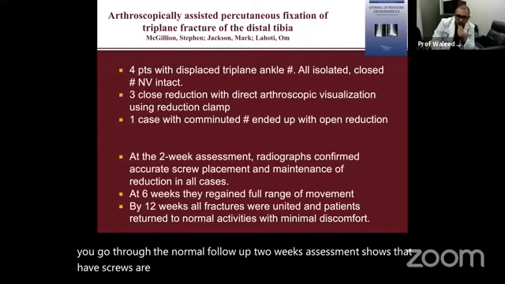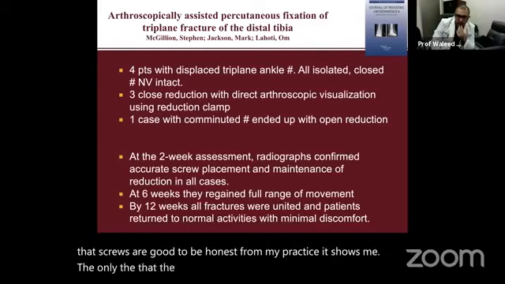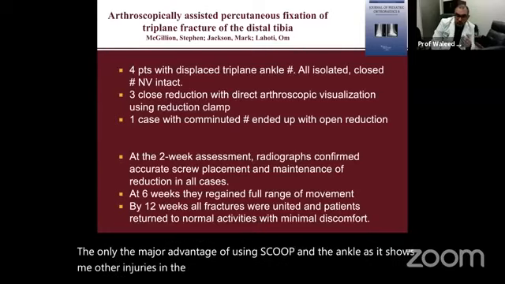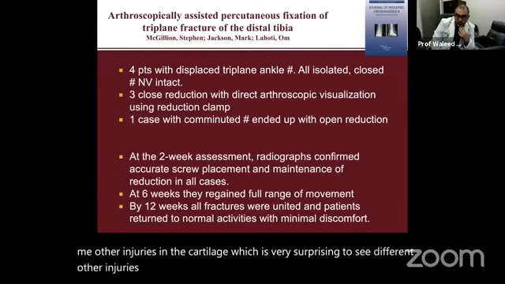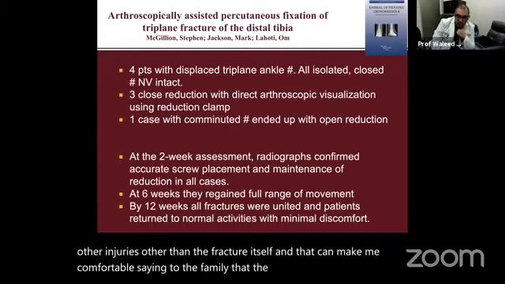To be honest, from my practice, the major advantage of using the scope in the ankle is it shows me other injuries in the cartilage, which is very surprising to see, other than the fracture itself. And that can make me comfortable saying to the family that the prognosis might not be good in your case.